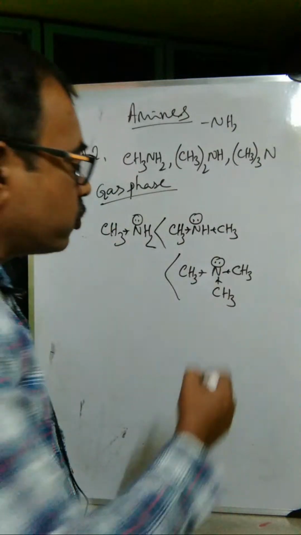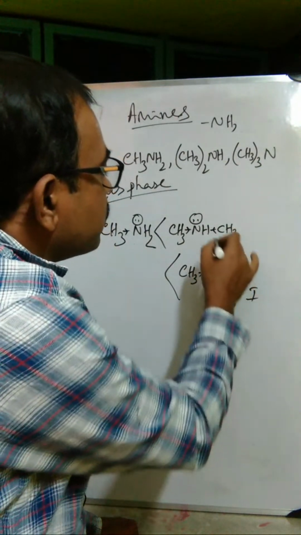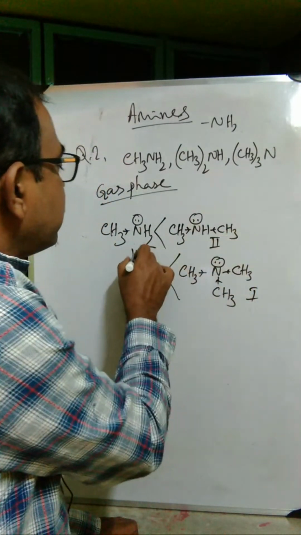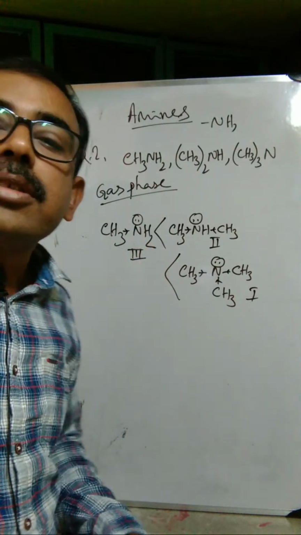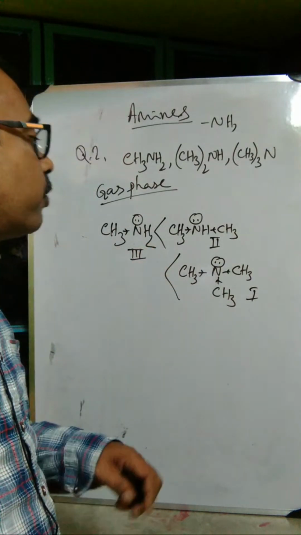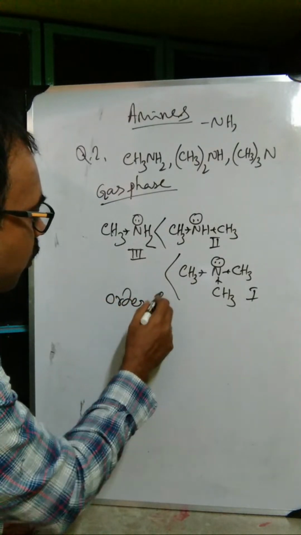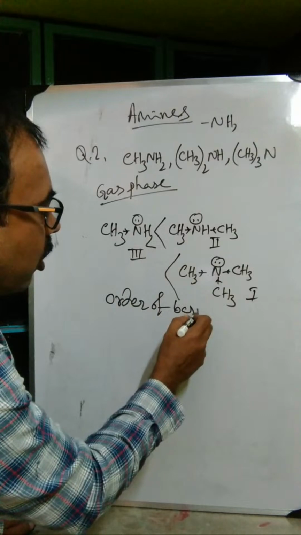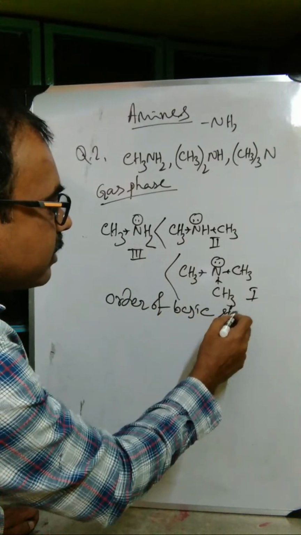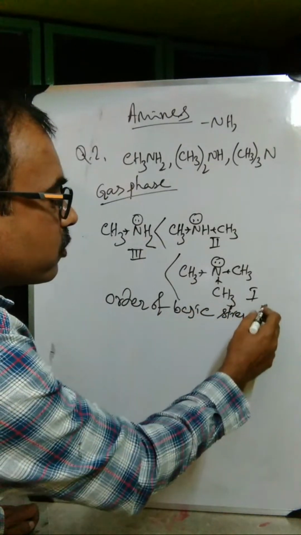So the basic strength order is this one first, this one second, and this one third. This is the order of basic strength of these nitrogenous bases in gas phase.